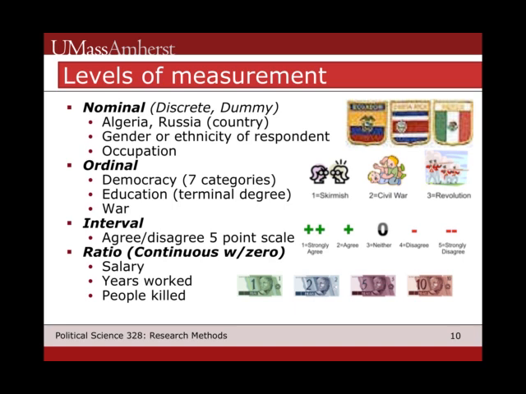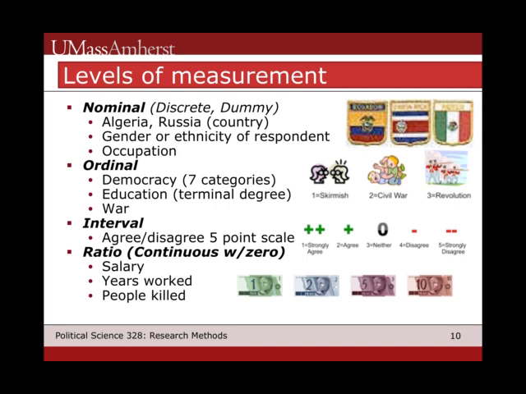Instead, we're simply classifying what type of group this unit of analysis belongs to. Occupation, much the same. Now, people have tried to order occupations to measure class, so there are higher status and lower status occupations. But in and of itself, whether you're a doctor or a plumber can be thought of as simply a nominal classification. It still counts as a variable because it is a level of measurement.